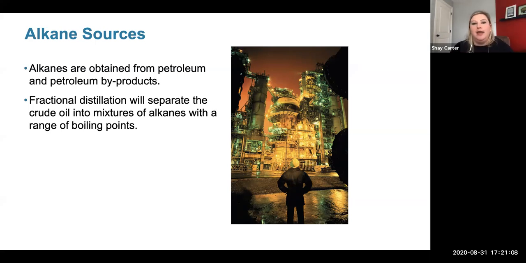As it gets taller, the things that condense at certain points away from the heat will come off. So we can separate things by their boiling points. With a lot of these petroleum products, we start with crude oil and purify or refine them at the refinery based on their boiling points.